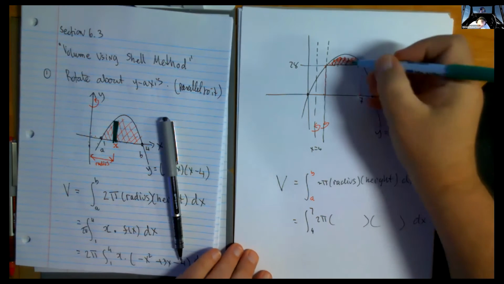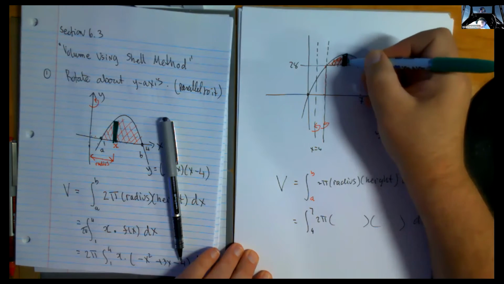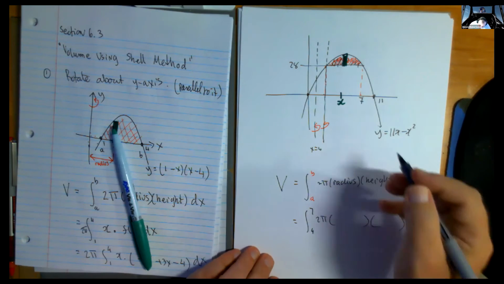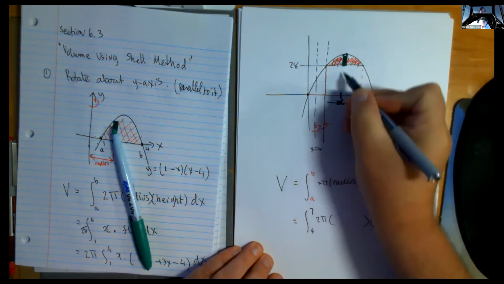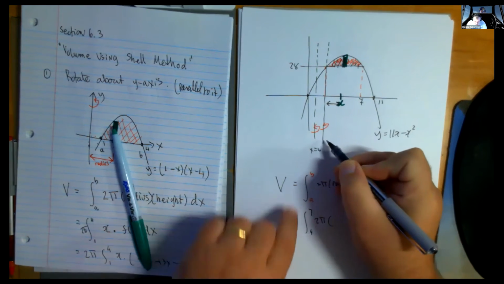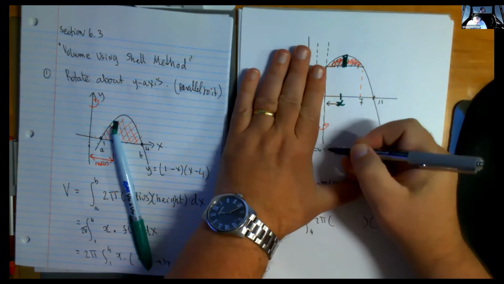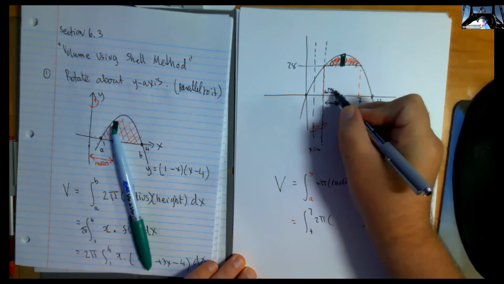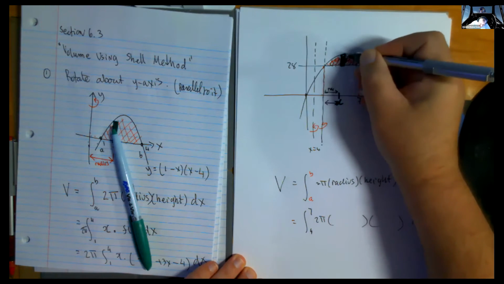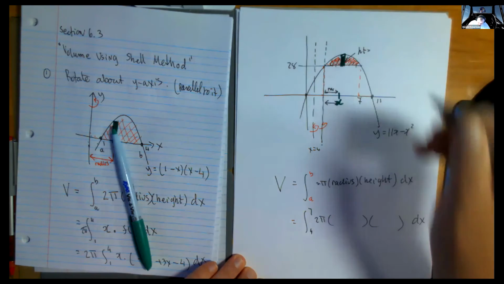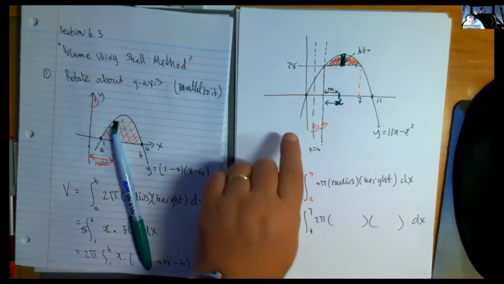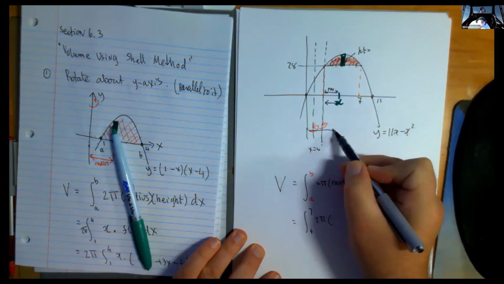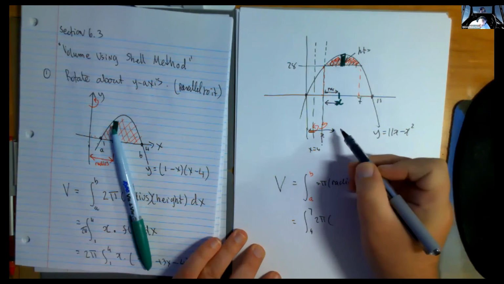Okay, here's my little rectangle. My little rectangle is at position x. Now the radius is going to be the distance from the rectangle to the axis of rotation. So it's basically that distance there. And the height is going to be the height of this rectangle. So let's see what the radius is. If you go from here to here, that's x.